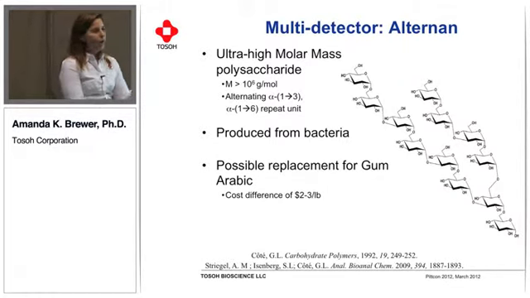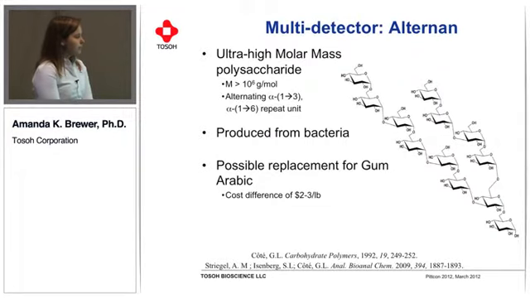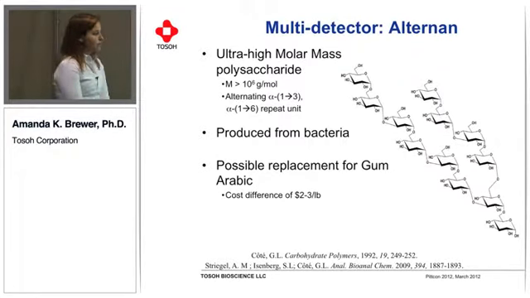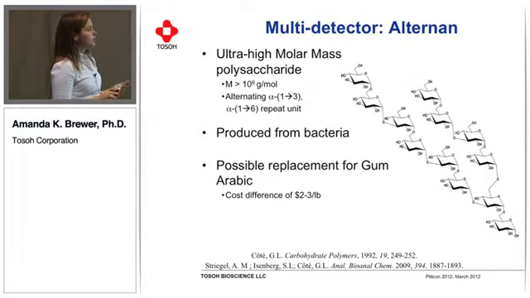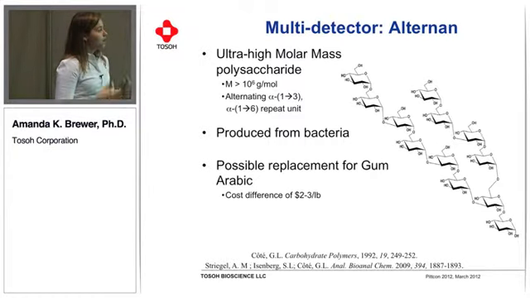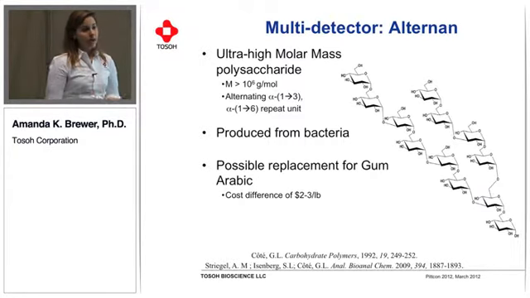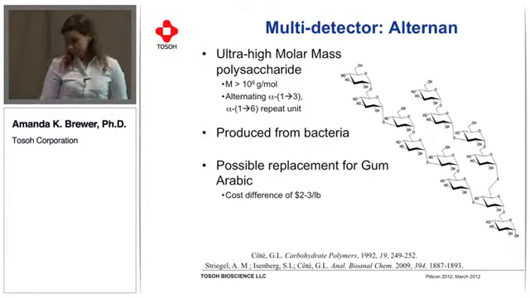They know it has a huge molar mass. Their idea is to use it as a possible domestic replacement for gum arabic, obviously to lower the cost. Gum arabic tends to be used as a non-caloric food additive, in paints, things like that. So it's something they're trying to make for use, and they need to be able to characterize it.